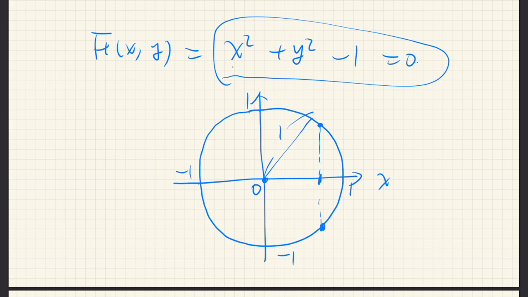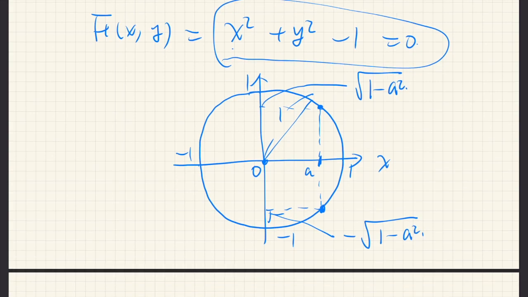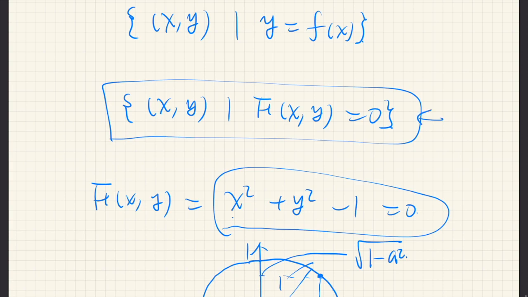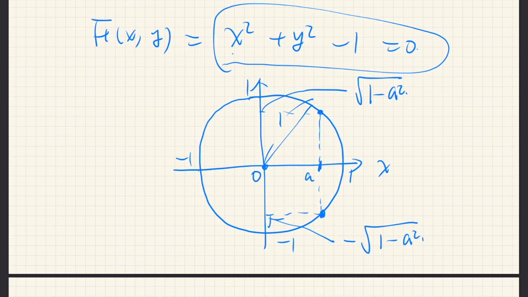For example, if this value of x is a, then we have a positive value, that is square root of 1 minus a squared, and a negative value, that is negative square root of 1 minus a squared. Therefore, the set defined by F of x, y equal to 0 is not a graph of any function.